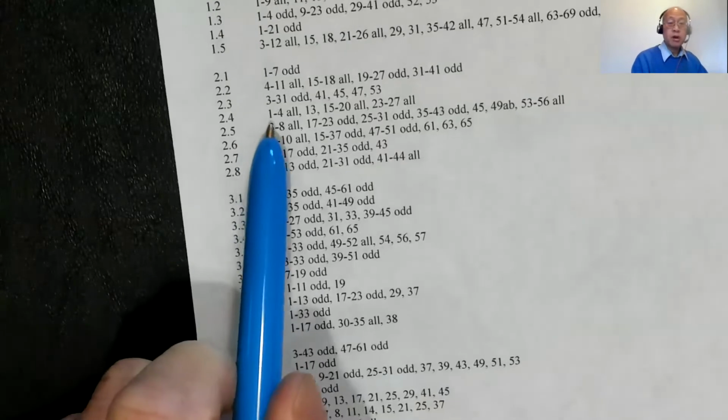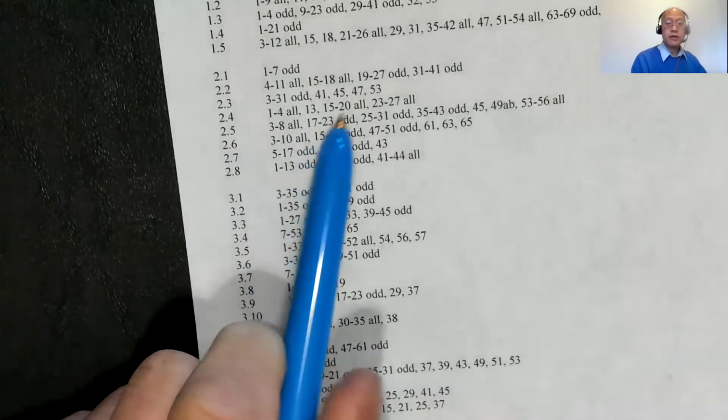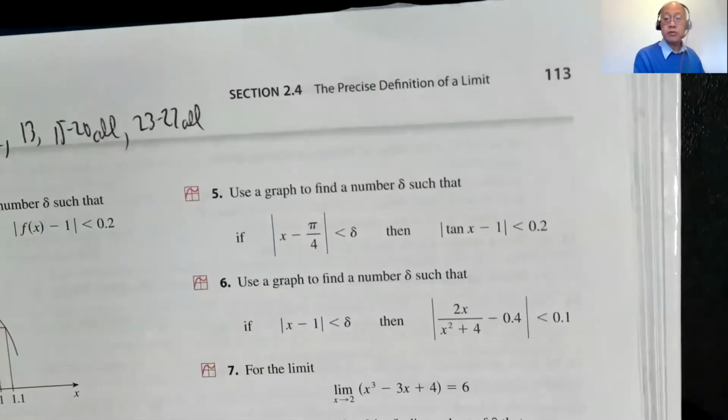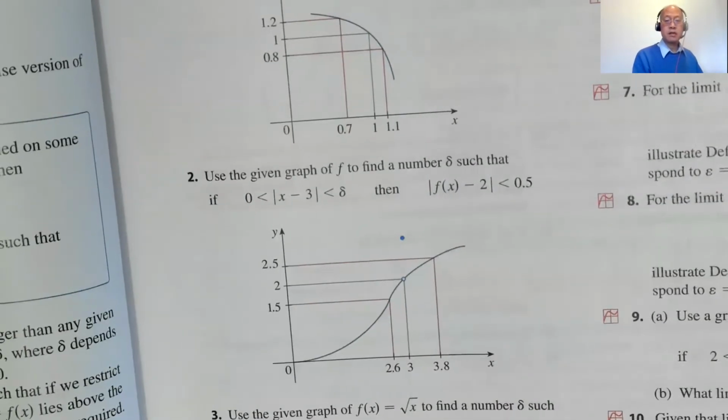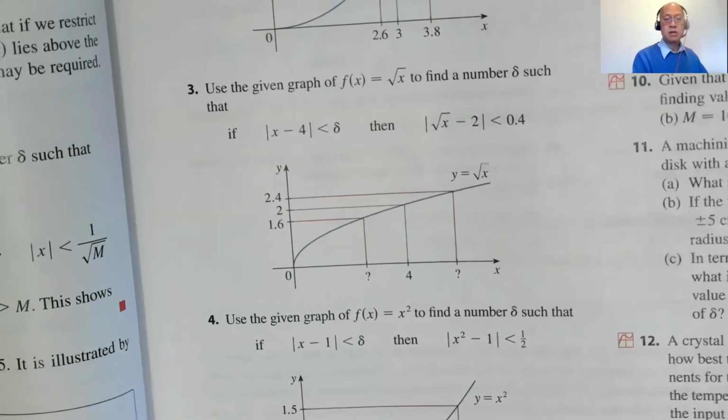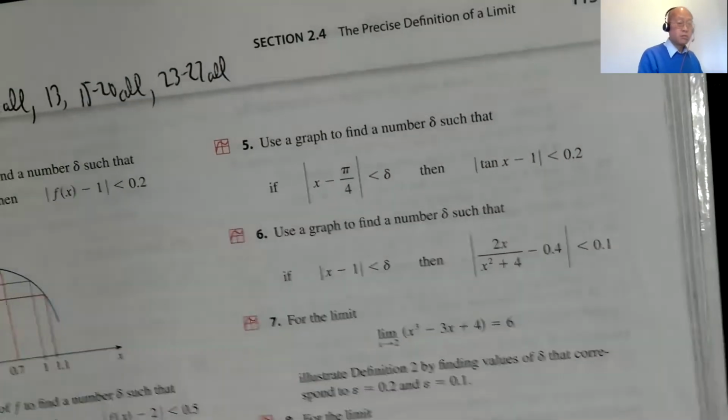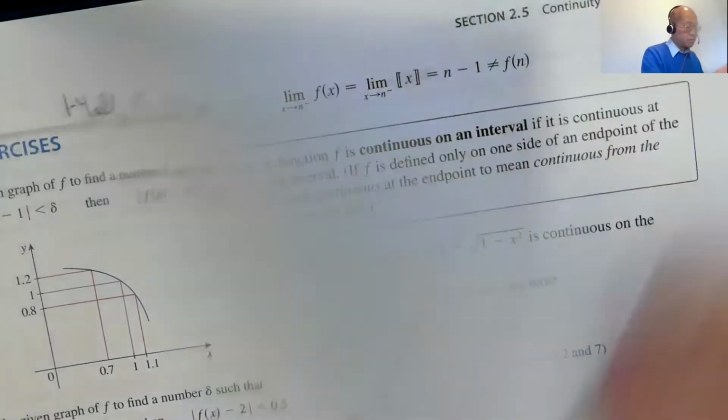So 2.4, 1 to 4 all, 13, 15 to 20. The highest was 27. So let me show you that. Okay, so it's on page 113. So here it is for those of you who don't have the book and aren't getting it. That's 1 through 4, and we don't have anything up until 13.